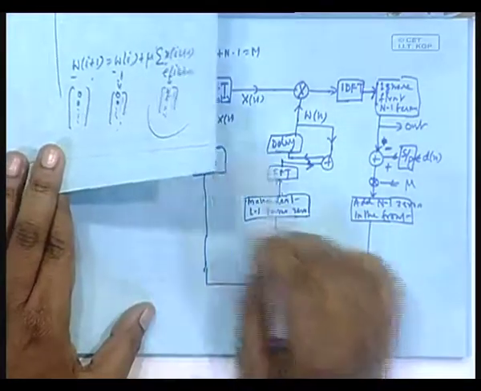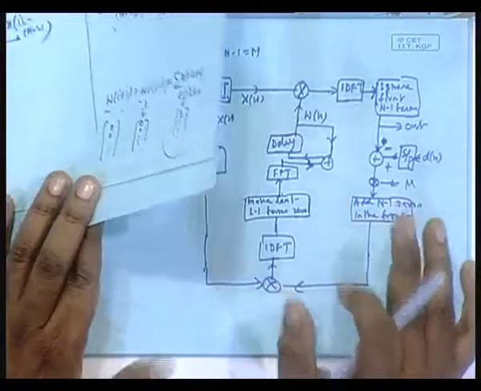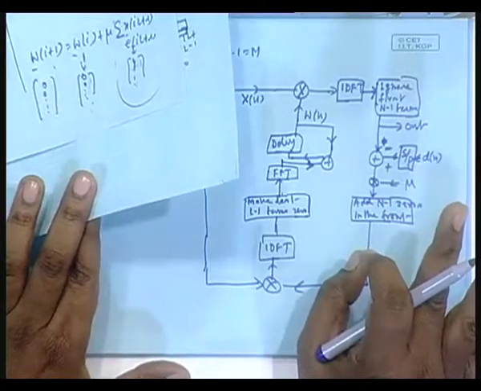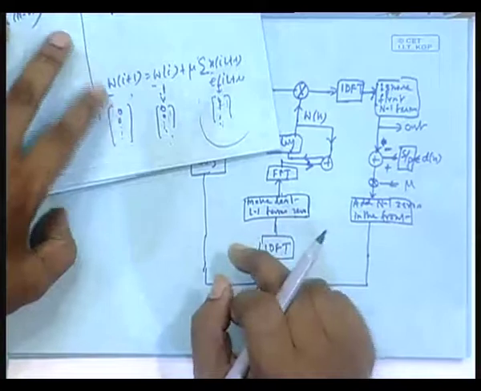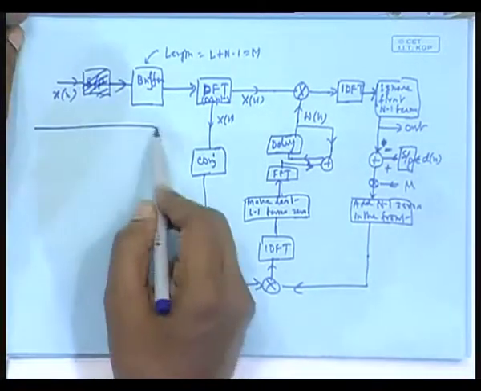You see how, by cleverly using the data structure, we have reduced the total number of DFT operations. If it were a complex case, this will still work fine. In the complex case, what do we have?